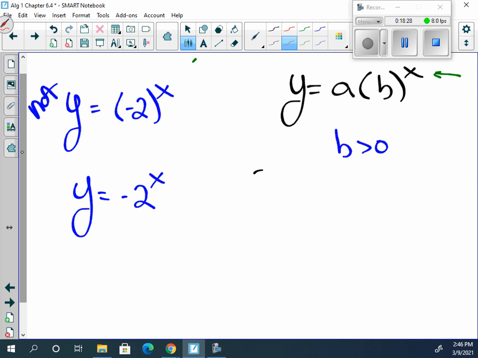The 2 would become positive, so the negative is outside, yes? So this one would be yes. Another way we can look at this is really negative to the x. So the b value is positive. So this one works, because it does come in the form a times b to the x. And that's it.